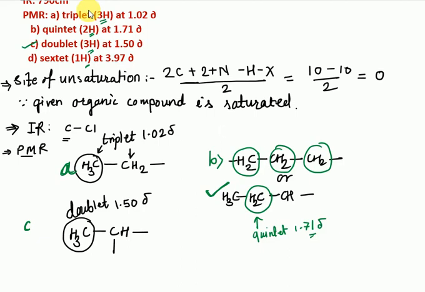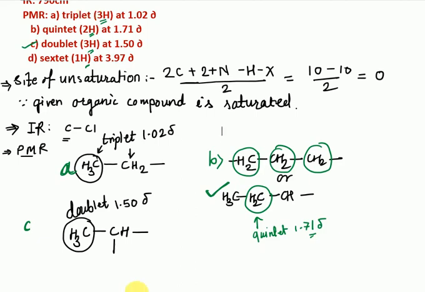Sextet means that this hydrogen is near to 5 hydrogen. As per the n+1 rule, the number of hydrogen on the neighboring carbon gives the +1 signal.